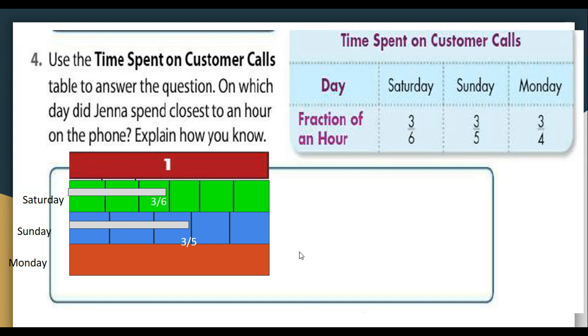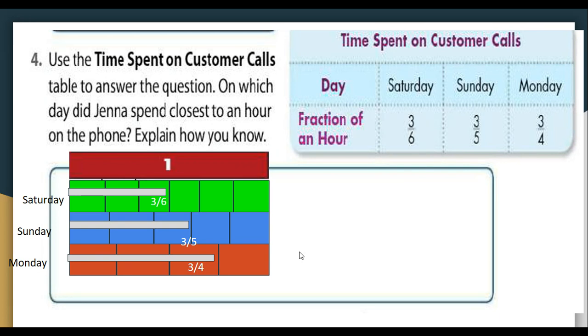Go ahead and partition your strip. This is fourths, so it should be a little bit easier. We will split it up into 4 equal parts. And again, 3 out of those 4 parts she spent on customer calls to represent 3/4.